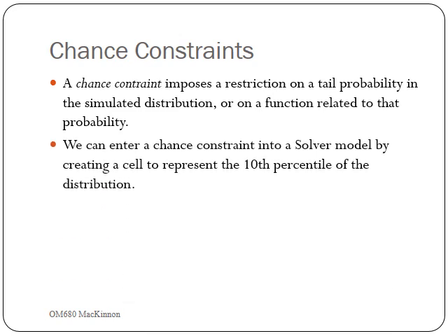We can do that by creating a new cell that represents, say, if we want to restrict the 10th percentile of the distribution, some of the tail probabilities, we can create a new cell, or we can in fact add that constraint right into the objective cell, which is what I'll show you on the next slide.